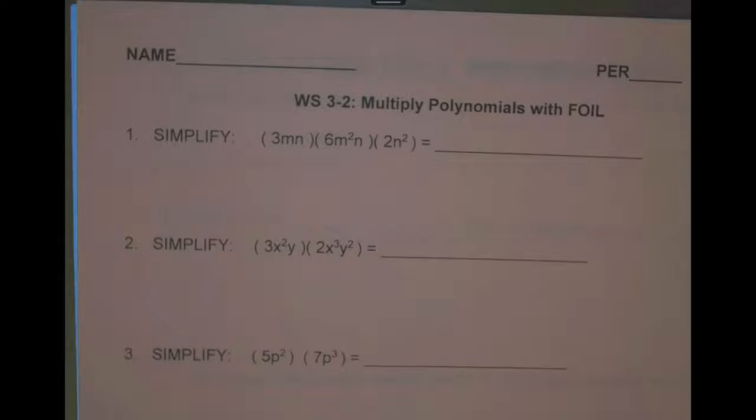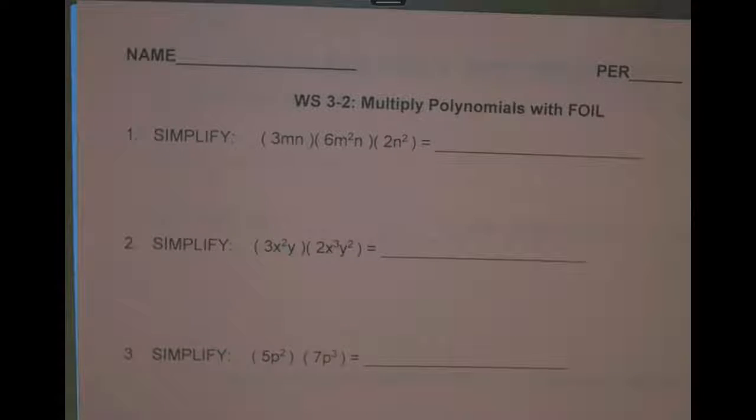What is problem number 1? That one is a monomial times a monomial times another monomial. Do you see any adding and subtracting signs in there in problem number 1? It's not distributing. It's not a box problem. It is just multiply them together.